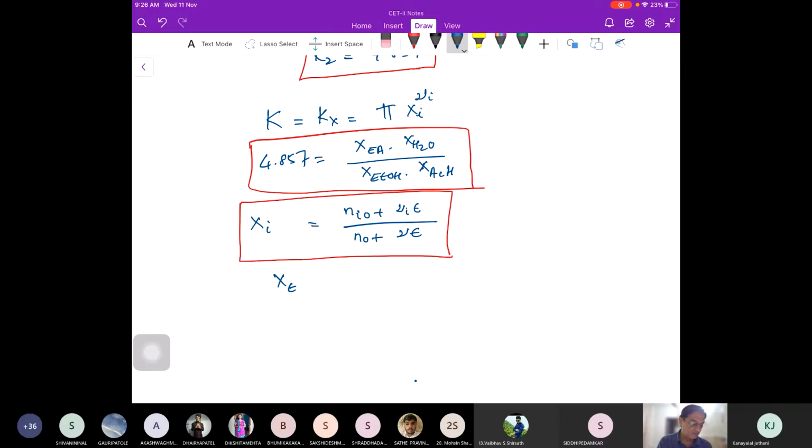So for ethyl acetate it will be ni0 plus nu i epsilon upon N0 plus nu epsilon. What is the initial moles of ethyl acetate? 0. And nu i for ethyl acetate is plus 1, so 1 into epsilon.